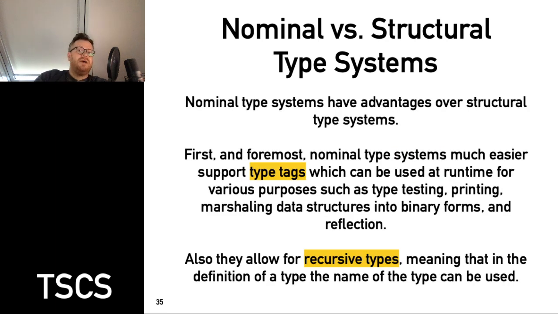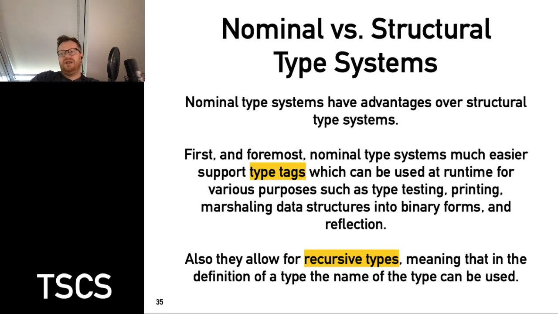Nominal type systems have some advantages over structural type systems. The interesting thing is that in nominal type systems this is much easier. You have something like type tags. You can use these at runtime for various purposes, for type testing and so on.